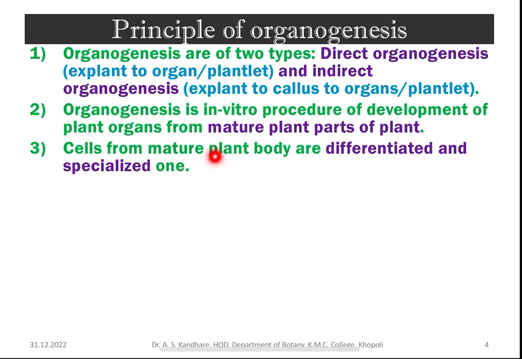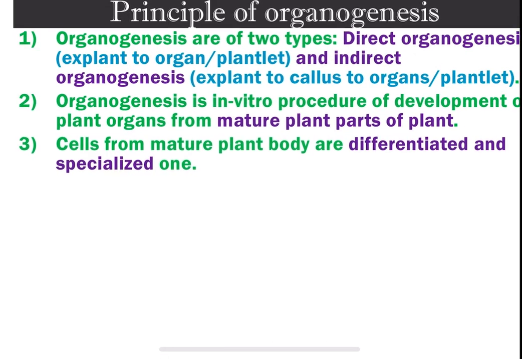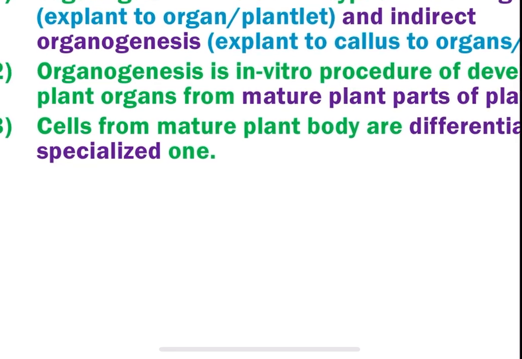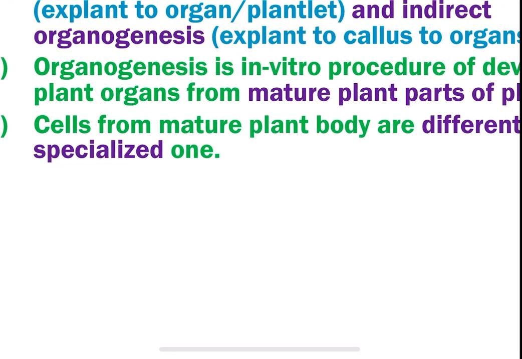Cells from mature plant body are differentiated and specialized. So now you can see the plant which grows naturally produces different organs such as root, stem, leaves, fruit, flowers, etc. And every plant cell gradually becomes specialized one, isn't it?